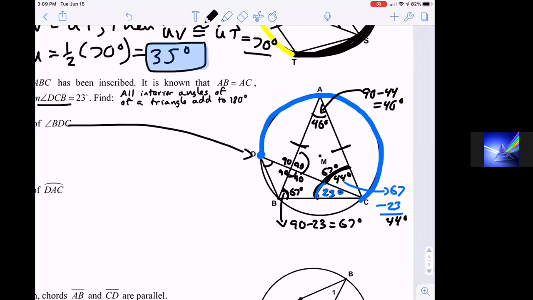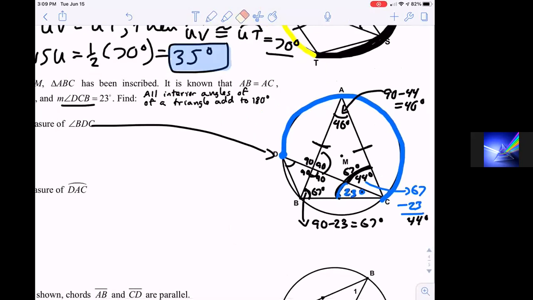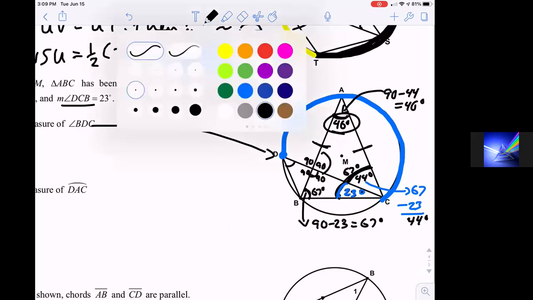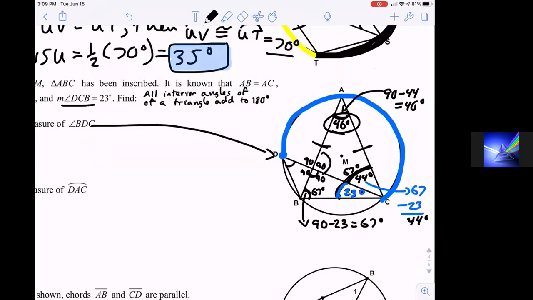Okay, now what I'm going to do is work my way around the arcs. Here's how I'm going to do it. I know that this inscribed angle here of 46 degrees corresponds to the following arc that I'm going to write in gray. This arc BC right there corresponds to that inscribed angle of 46 degrees.